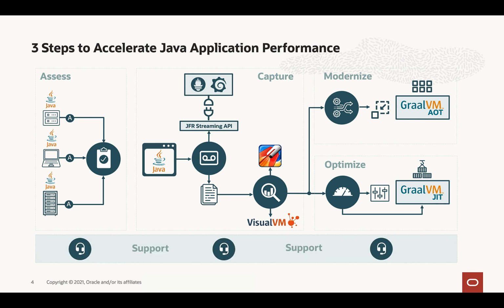And finally, as I mentioned earlier, there are a number of benefits to adopting this 3-step approach, but certainly there is one advantage that enables the success of each step, and that's support. So with your Java SE subscription, you gain access to performance, scalability, security updates directly from Oracle. You get access to Oracle Java SE versions, even past their end of public updates. You get access to critical bug fixes before they're included in publicly available releases.